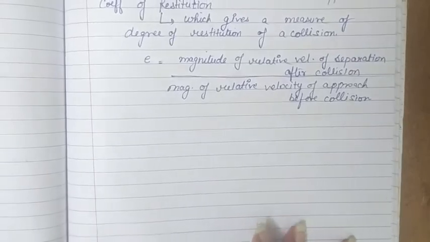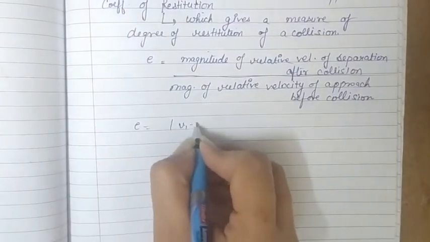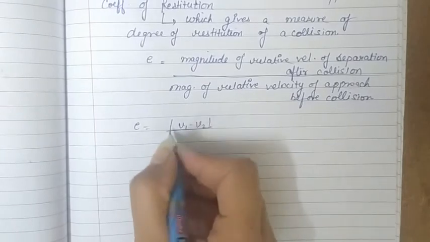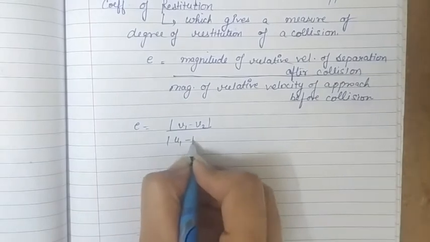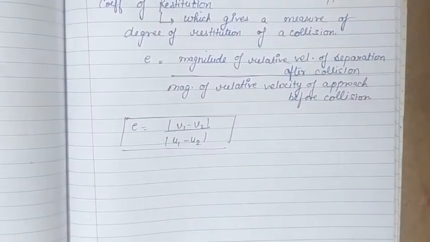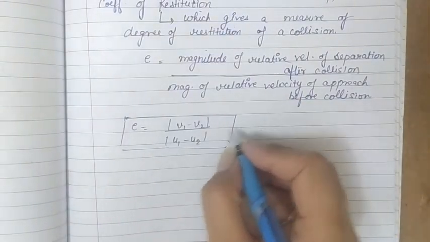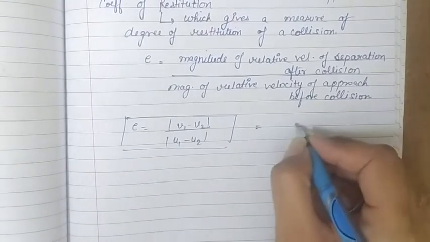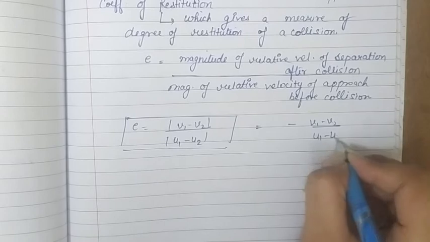It is denoted by small e and is given as e is equal to mod of v1 minus v2, because we have to take magnitude, upon mod of u1 minus u2. This is the mathematical expression for coefficient of restitution, and if we remove these mods we have to write it as minus (v1 minus v2) upon (u1 minus u2), right?